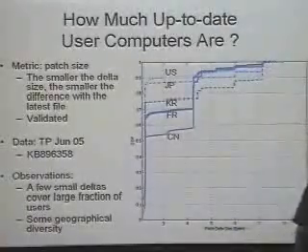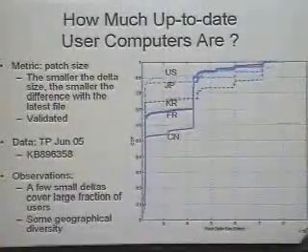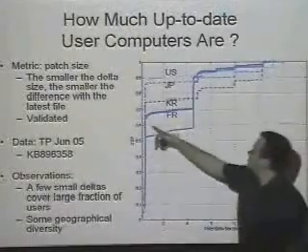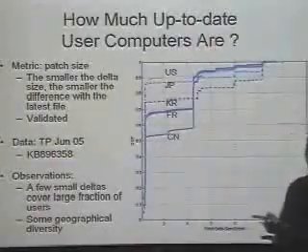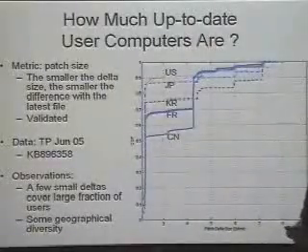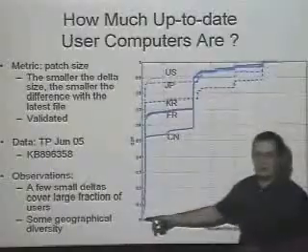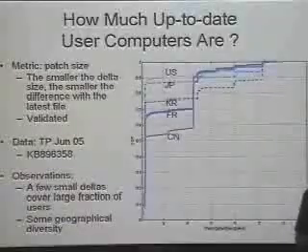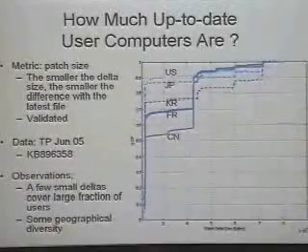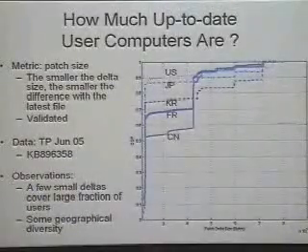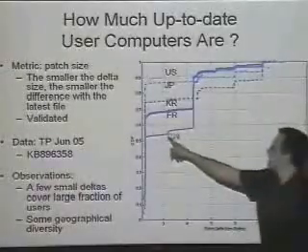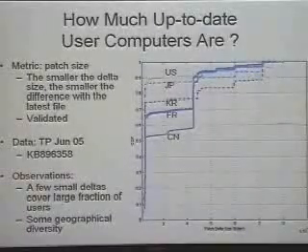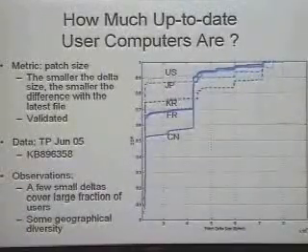The graph shows that there's a sudden jump for each of those country-level aggregates. Small deltas already cover a large fraction of the user populations, but there is some geographic diversity. So some countries exhibit a smaller fraction of users having a delta smaller than or equal to a value.